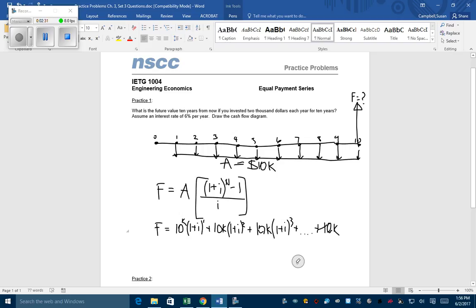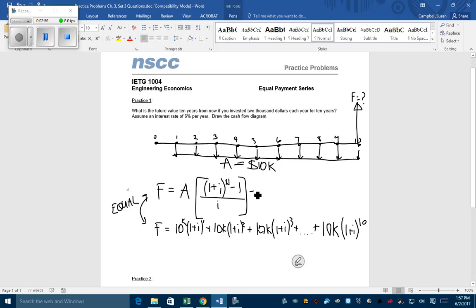Sorry, that doesn't look very good, and I'm running out of room. So these two things are equal. And obviously, the first way is much easier.